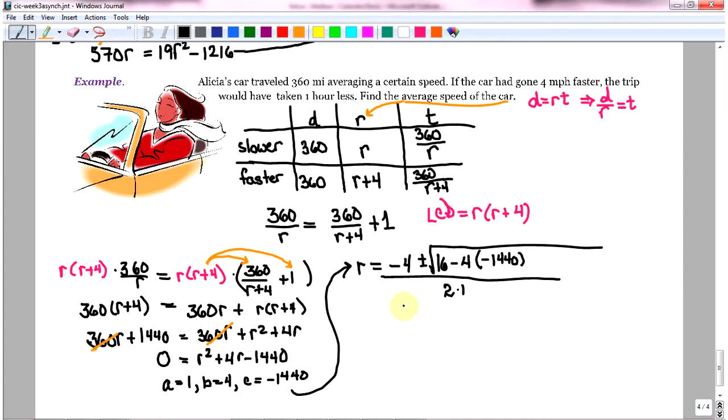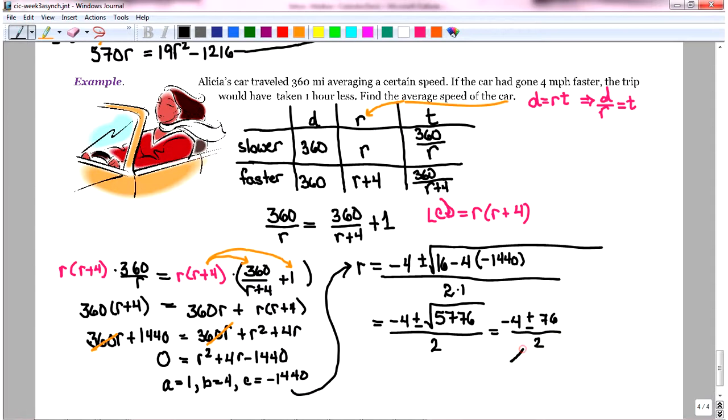Well, a is just 1. So we end up with a negative 4 plus or minus the square root. Under the radical, you should end up with 5776 divided by 2. Well, 5776 is a perfect square, and it's equal to 76 divided by 2.